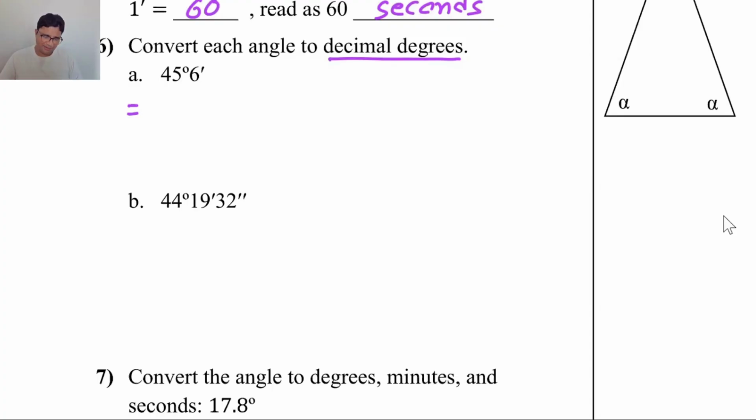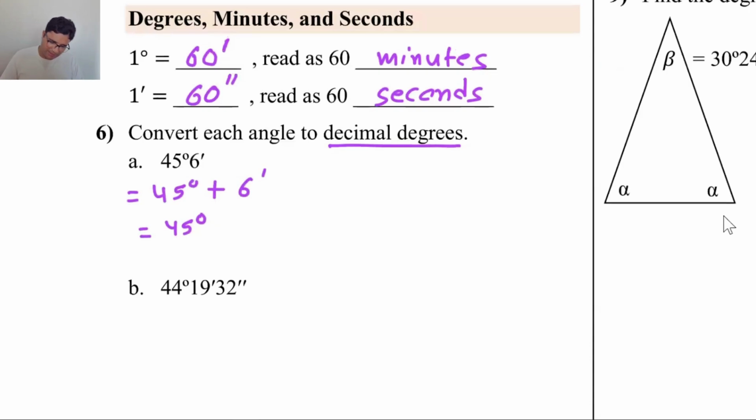In the same way here, what is 45 degrees and 6 minutes in degrees? You would say that is 45 degrees plus 6 minutes. That is the meaning of 45 degrees and 6 minutes, right? And then you see that 1 degree is 60 minutes, which means 1 minute is 1 over 60 degree.